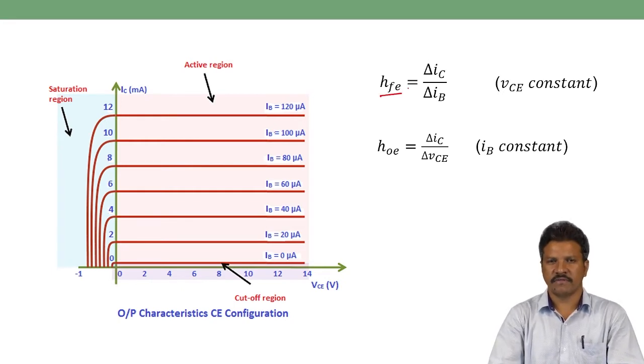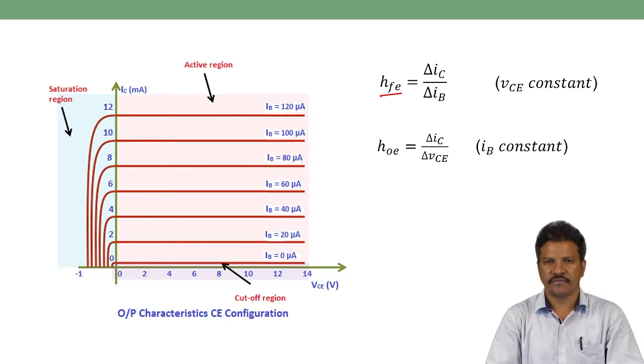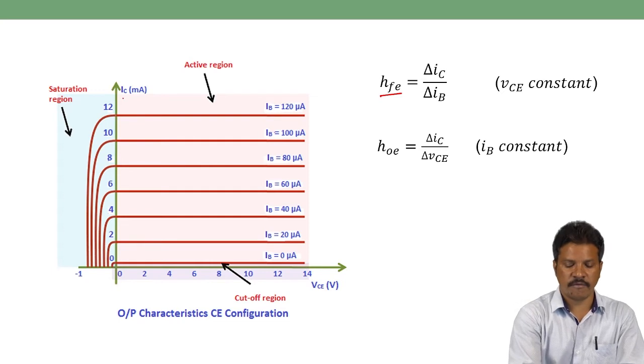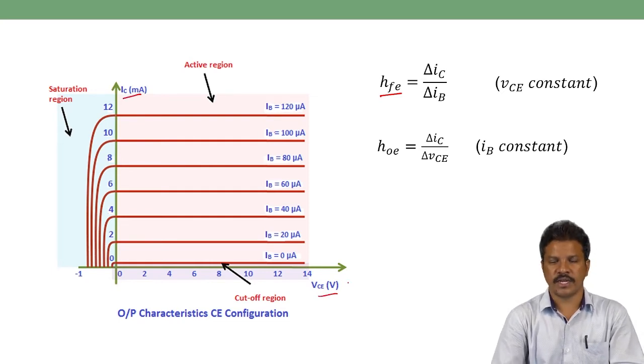According to the definition of h parameters, F represents forward current gain, and HFE is the forward current gain in common emitter configuration, calculated from the output characteristics. Output characteristics is the graph between output current and output voltage VCE, taking input current constant at 20, 40, 60, 80, 100 and so on.